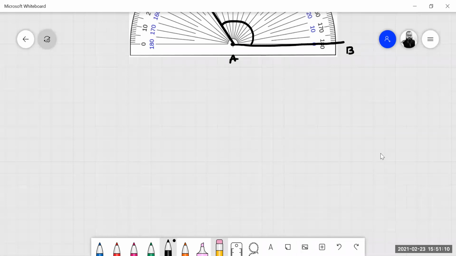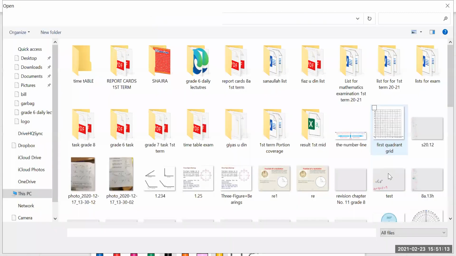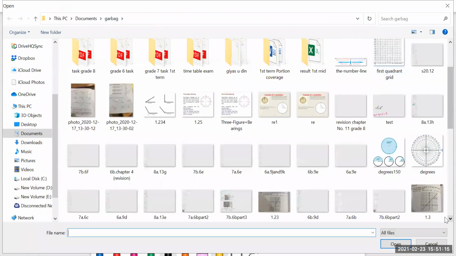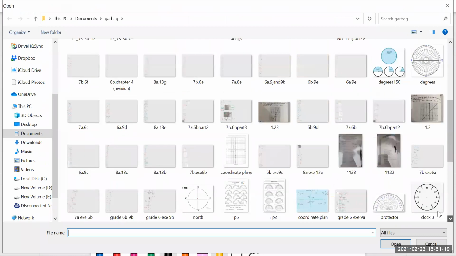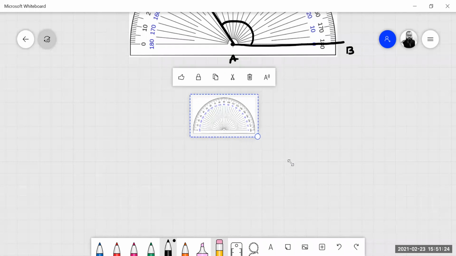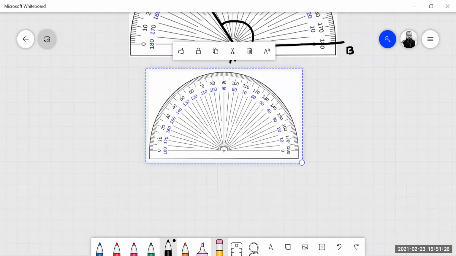Okay, now again, B can be done another way. If you measure from the left side of the diagram, then how will you measure? Look.